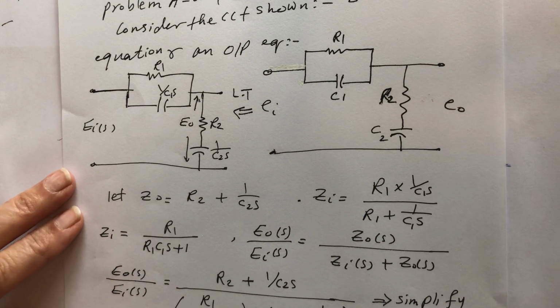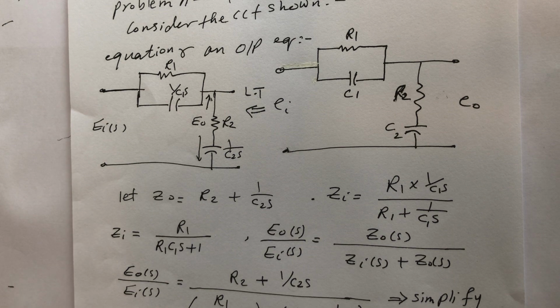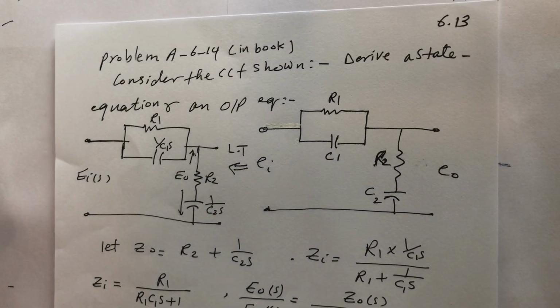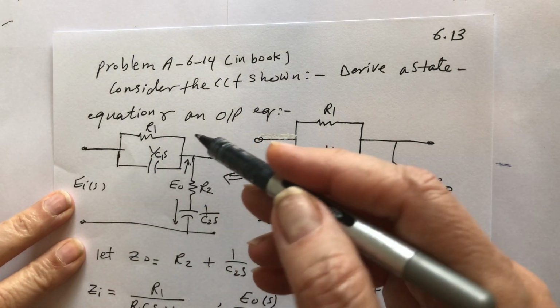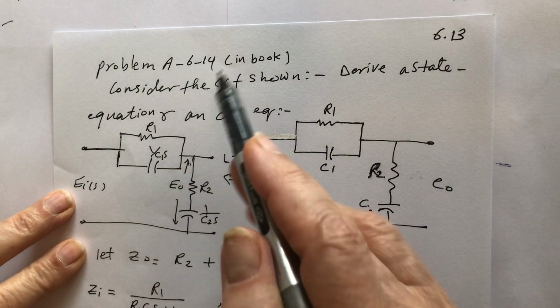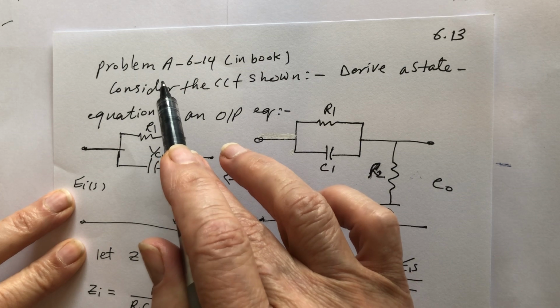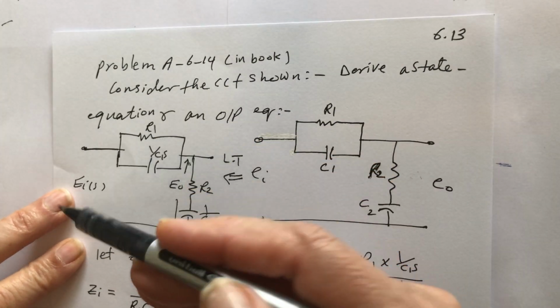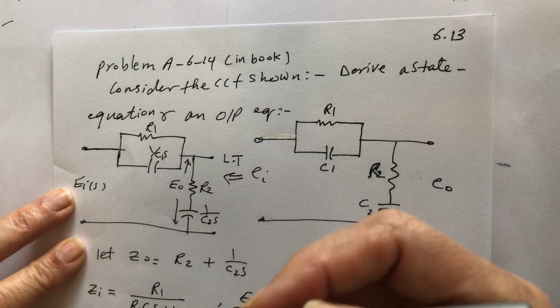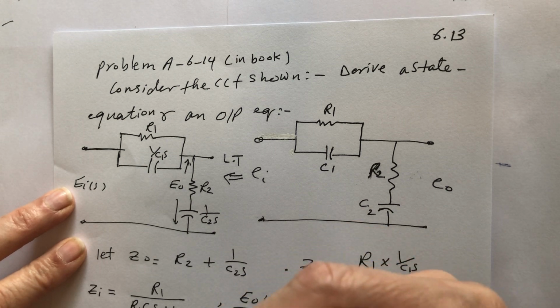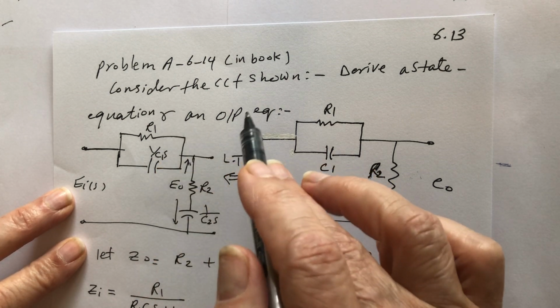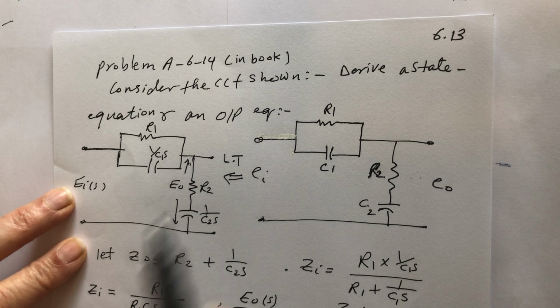Now let's consider this example. Sometimes this is a filter as well, non-active filters, as we say. This is a problem. If he says problem A, it's an example, if you notice from the book. If it's problem B, then it's a problem that needs a solution.